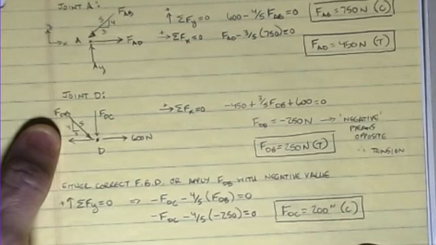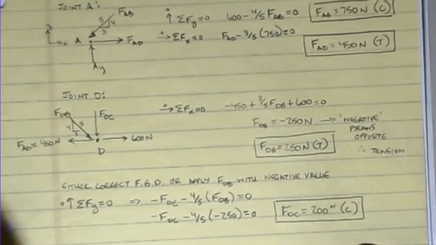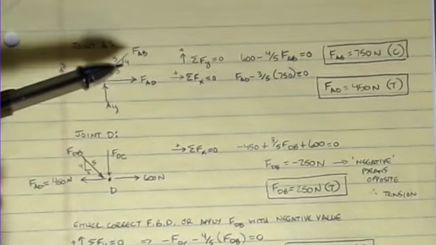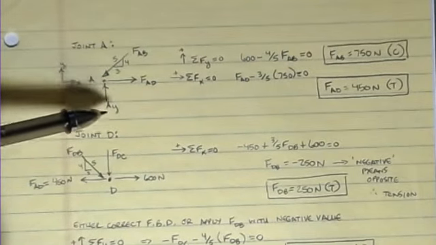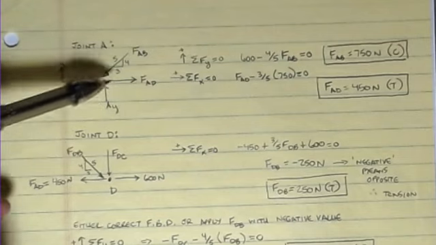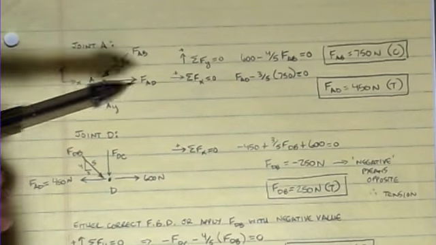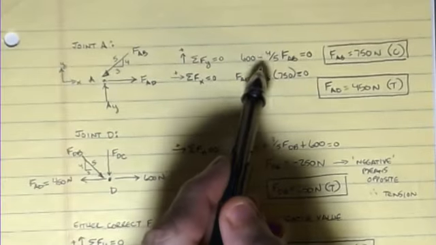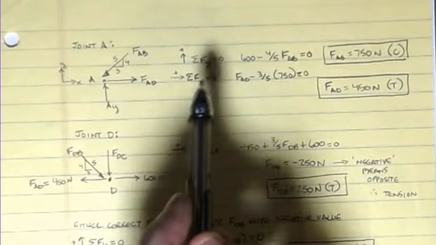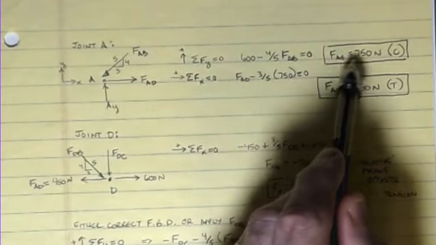So if we look at our particular path, you have to start somewhere where there are 2 unknowns, and in that case, that happens to be joint A. So here's my free body diagram for A, and I do this just like we did in that first example. You can pause it and look at the equations. AY is acting up, FAB is acting down, FAD is acting to the right. So 600 minus 4/5 FAB equals 0. That's my Y equation. I find out that FAB is a positive 750.